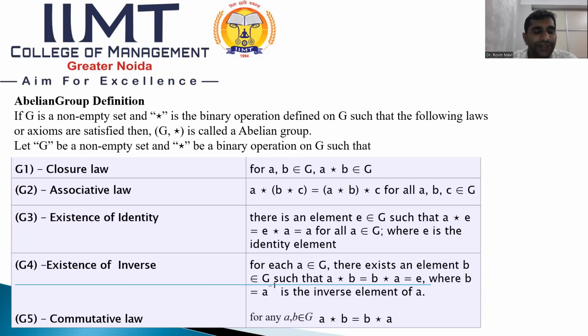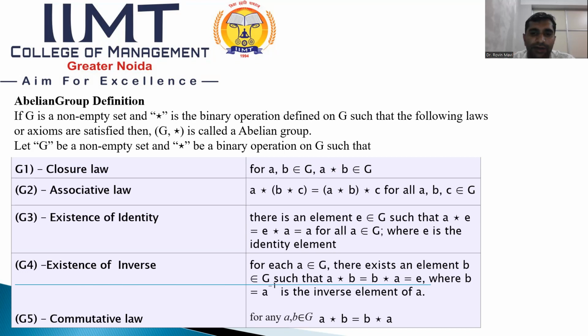Abelian group. Let G be a non-empty set and star be a binary operation satisfying the following properties. First, closure property: a star b belongs to G. Second, associative law: (a star b) star c is equal to a star (b star c) for all a, b, c belonging to G. Existence of identity: there exists an element e belonging to G such that a star e is equal to e star a.